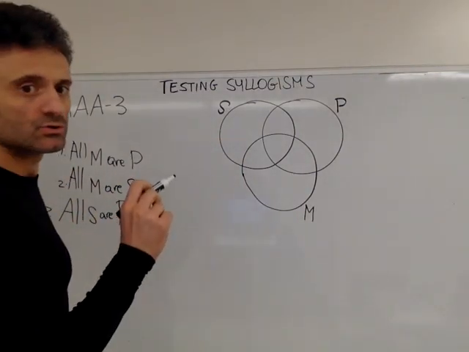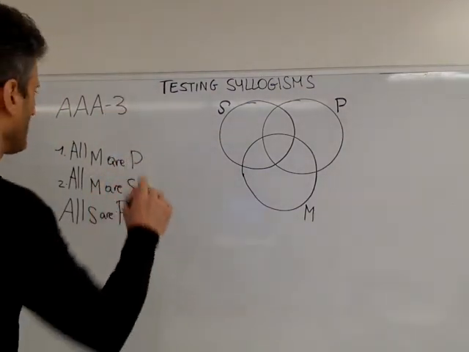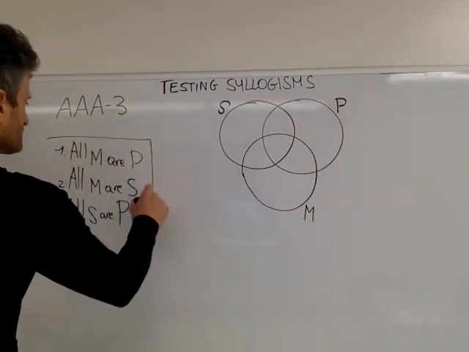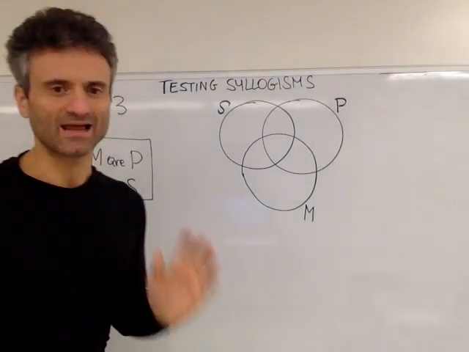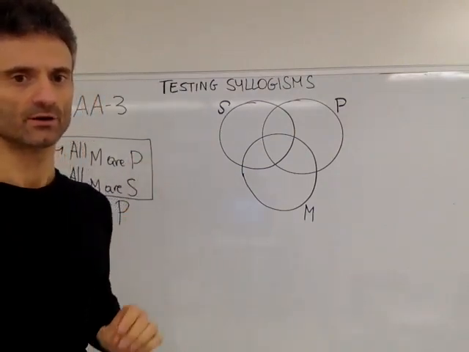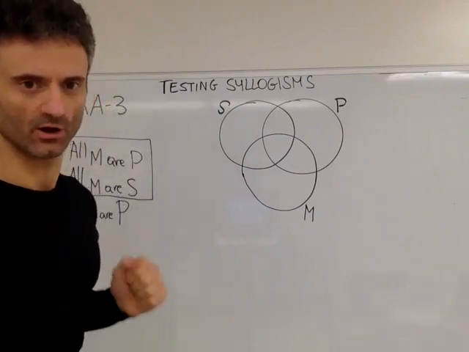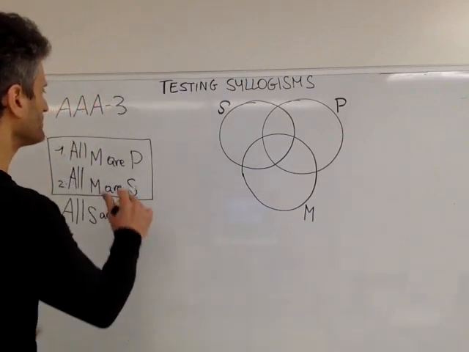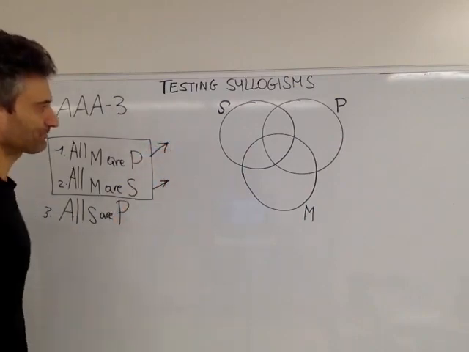However, you don't diagram all the statements. You only diagram the premises. Some students feel tempted to diagram the conclusion. That would be an error. Never. Don't touch the conclusion. Leave the conclusion alone. Okay? Only diagram the premises one at a time.